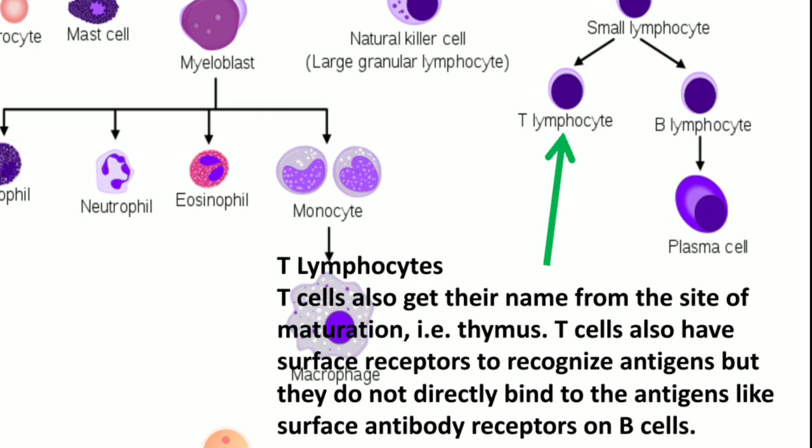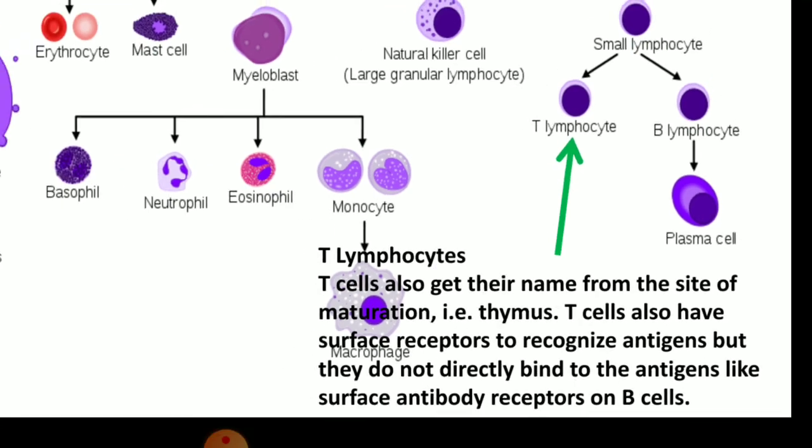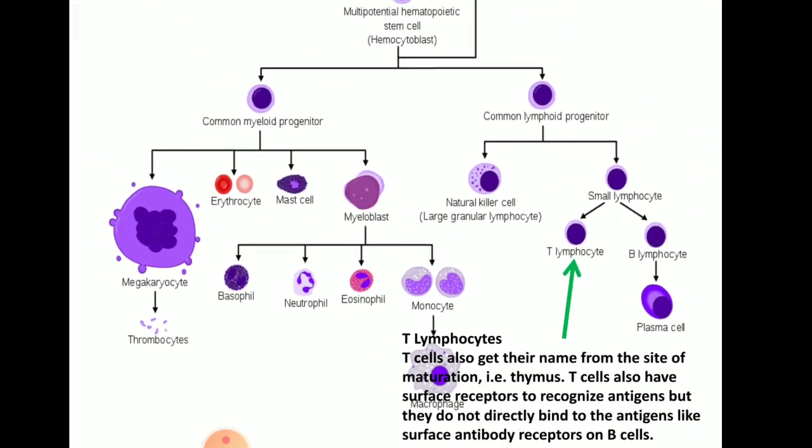T cells also have surface receptors to recognize antigens, but they do not directly bind to the antigens like the surface antibody receptors on B cells. Remember students, they do not directly interact with the antigens like B cells.